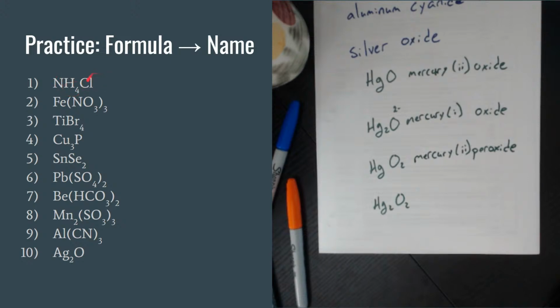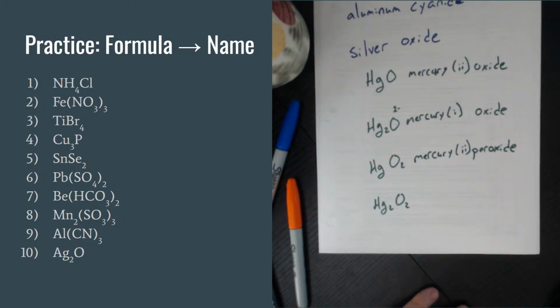You have a 1-to-1 ratio of ammonium to chloride. You have a 1-to-3. You have 1-to-4, 3-to-1, 1-to-2, 2-to-3, 1-to-3, 2-to-1. Okay, you'll never see a 2-to-2 or a 2-to-4 or anything like that. A 3-to-6. Okay, if there's a common divisor, we go through and divide it just to get the simplest possible ratio.